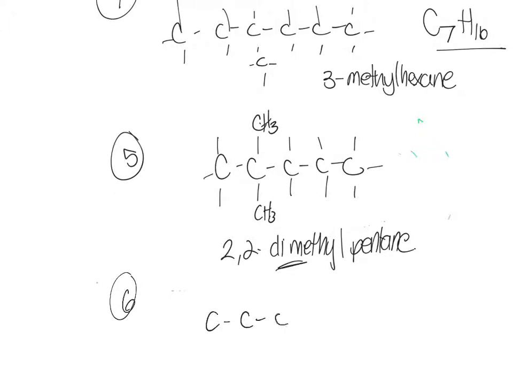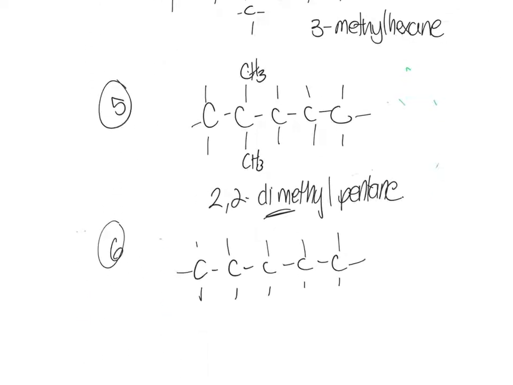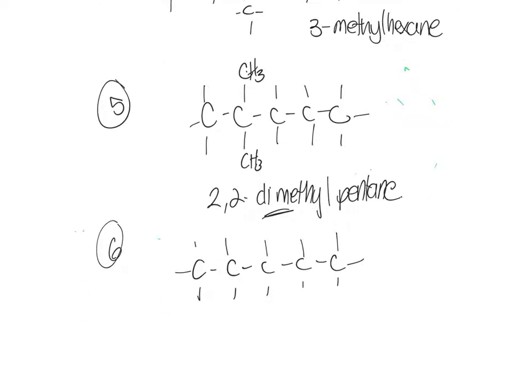So by doing pentane, so we had 2,2, we had 2,4, let's just make sure, yeah, 2,4, 2,2, we could also have 2,3, so this would be 2,3-dimethylpentane.